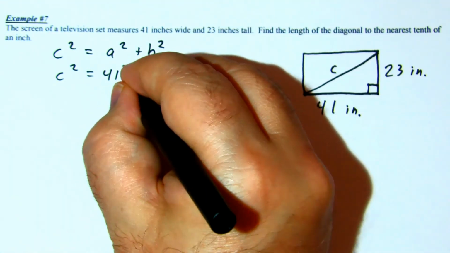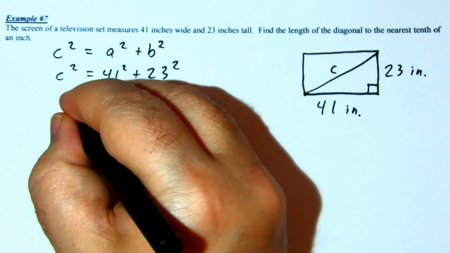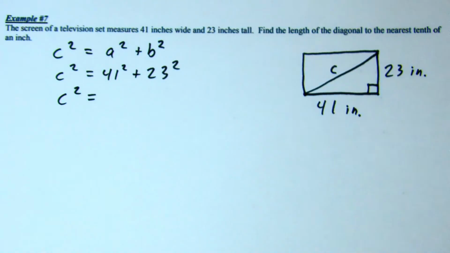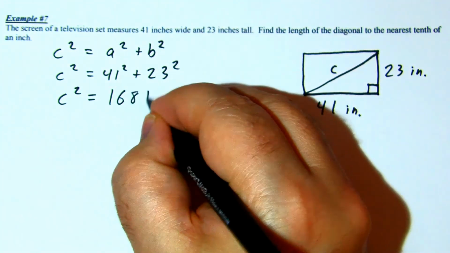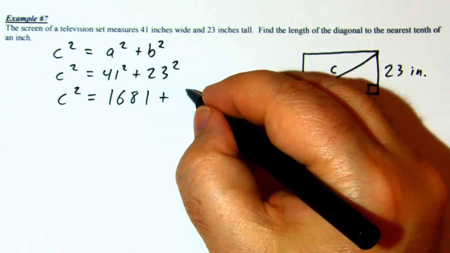So 41 squared plus 23 squared. Let me get my calculator to help me with that. 41 squared is 1681 plus 23 squared is 529.